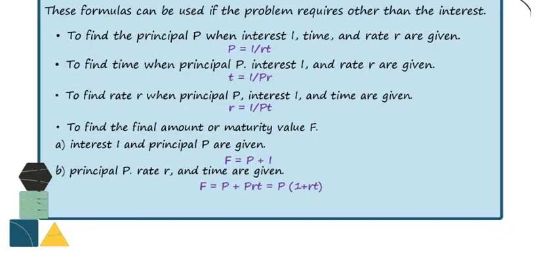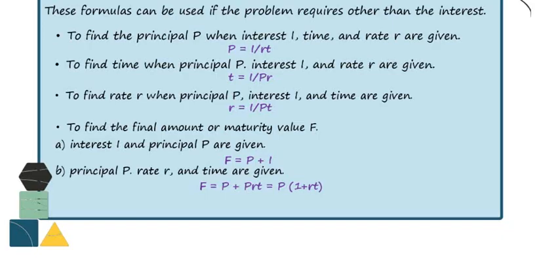And then aside from that, this is very important, yung we could also have a formula to find the final amount or maturity value. Again, from the definition, yung ating final amount or maturity value or the future value denoted by F is going to be the sum of the principal and the interest accumulated over time.